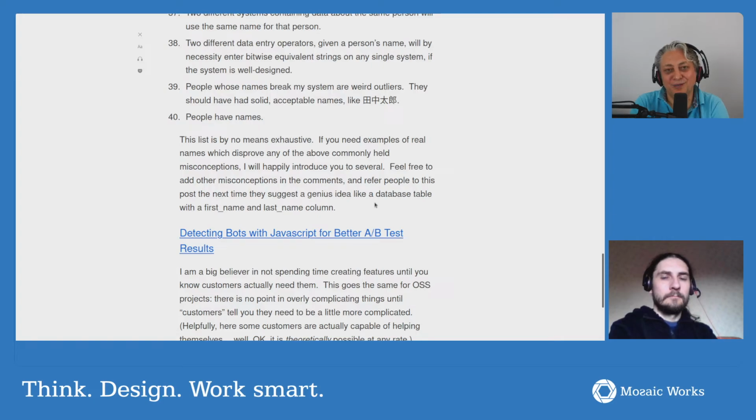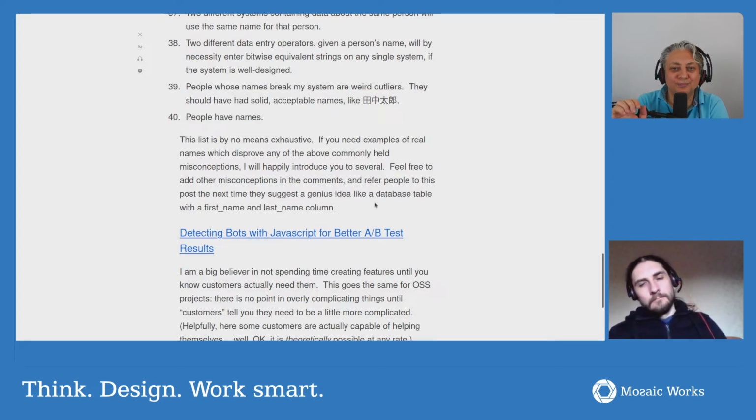I know it's a bit weird today to think like that, but if you want to do a product for people around the world, that might be a better model than having first name and last name columns in your database that are each precisely 255 characters long.